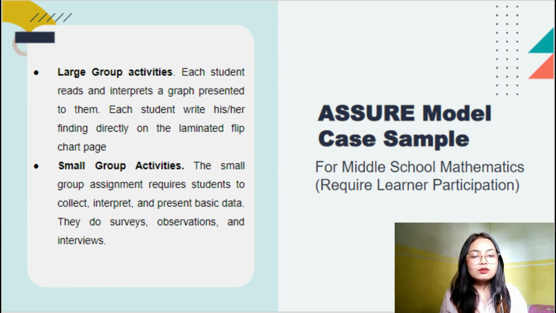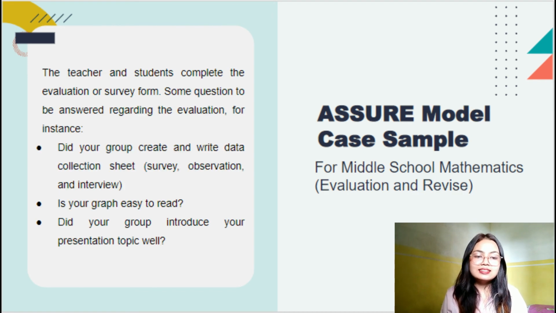Second, small group activities. The small group assignment requires students to collect, interpret, and present basic data. They do surveys, observations, and interviews. Last, evaluate and revise. The teacher and students complete the evaluation or survey form.